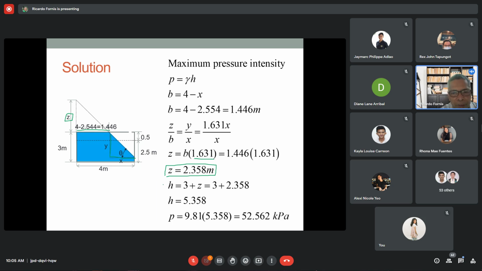You add to it 3 to obtain the total height h. Therefore, the pressure is 9.81 multiplied by h, or equivalent to 52.562. I would like to entertain questions or clarifications.